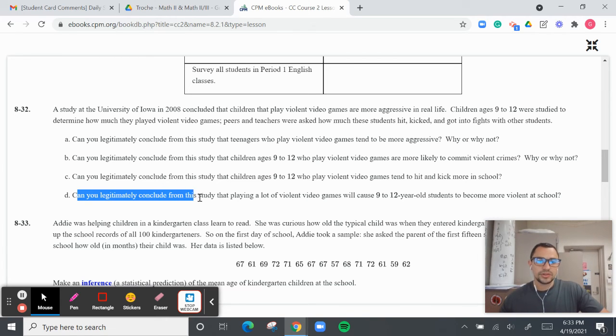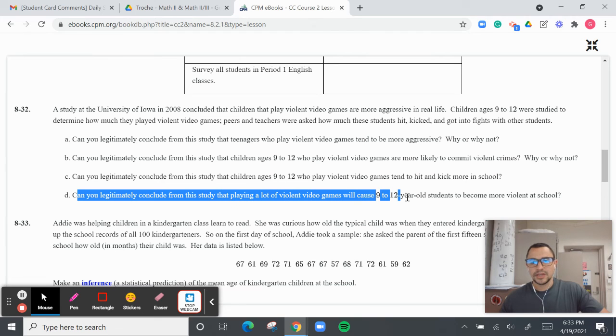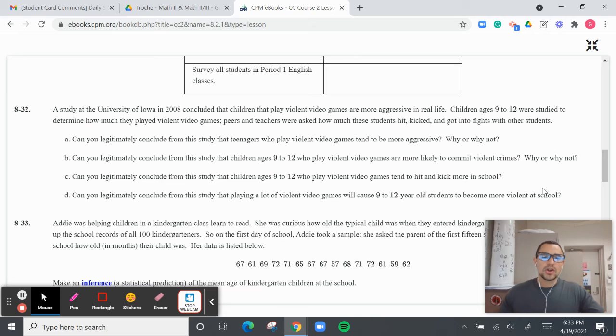And can you legitimately conclude from the study that playing a lot of violent video games makes children become more violent at school? All right. Yeah, well, here's the thing. This is a very specific yes from this study that playing a lot, I like this part, a lot of violent video games, that's the key indicator here, and become more violent.